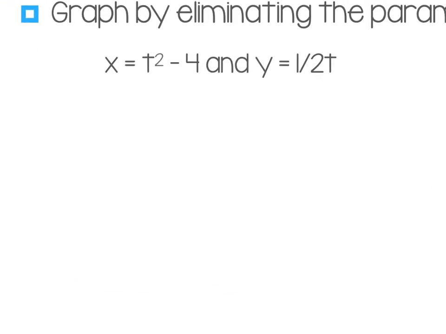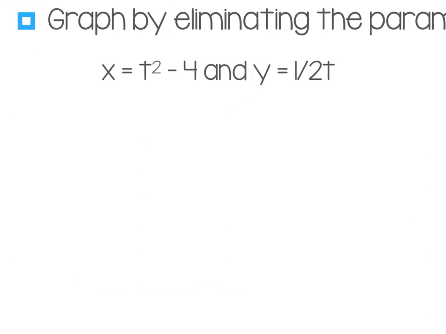I'm going to look at the two equations that are given to me, and I have to solve one of them for t and then plug it back into the other one. So looking at these two equations, which one would be easier to solve for t? The second one, right? Like the first one I'd have to add the 4 and then square root, which is not fun because you have to do plus and minus, right? But the second one's not so bad.